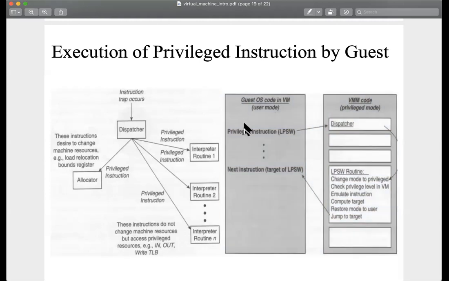So when an execution context switch happens, for example, and the guest OS has to change this, it would execute the instruction, but then the hardware will realize that this is a privileged instruction, and it would raise a trap. And what the trap would do is it would transfer control to the virtual machine monitor, or the hypervisor's code. In the hypervisor's code, there is a dispatcher routine. The dispatcher routine is like the first entry point into the hypervisor that will examine what instruction caused this trap.